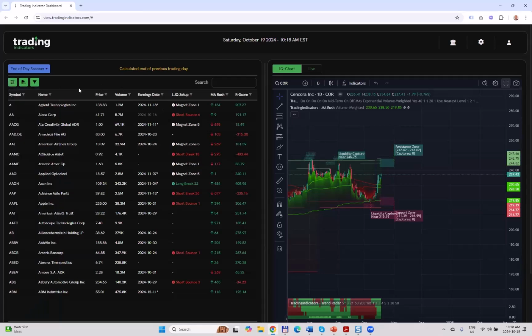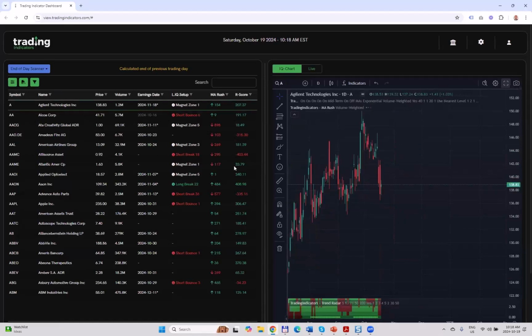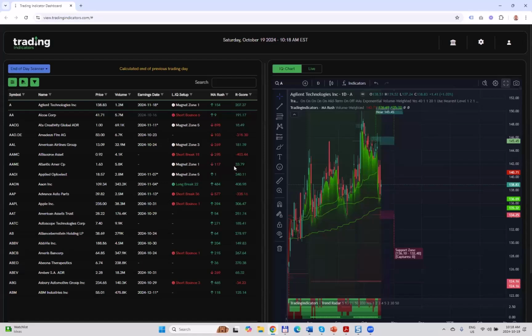So this is my setup, and by default everything is sorted alphabetically by the symbol, so A, C, G, and so forth. We're scanning through 5,000 symbols, way too many to go through one by one to see if they have promising setups. So the first thing we're going to do is use our liquidity IQ column here.